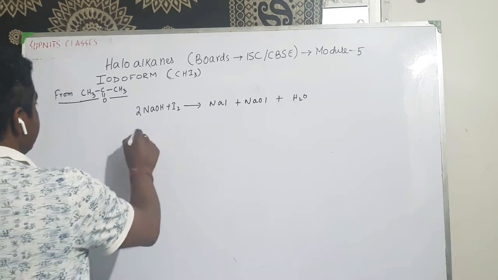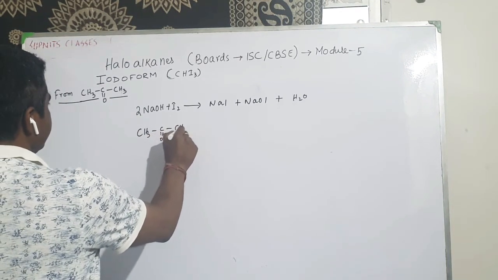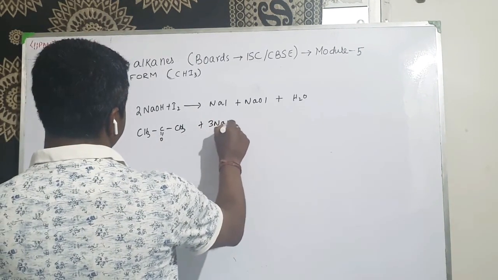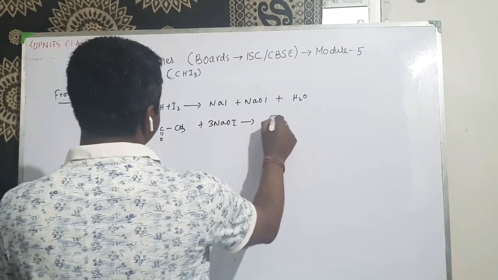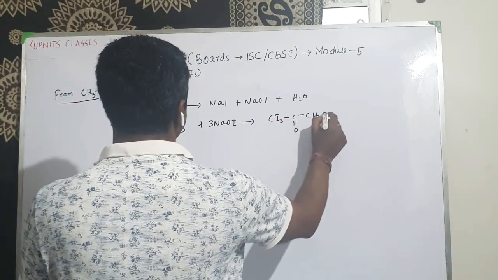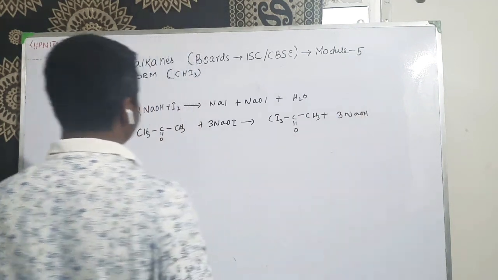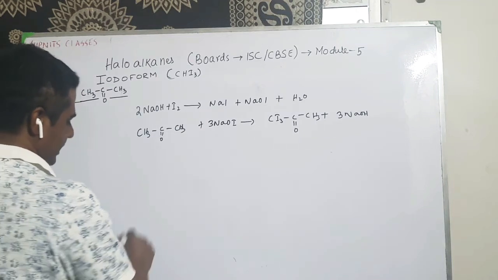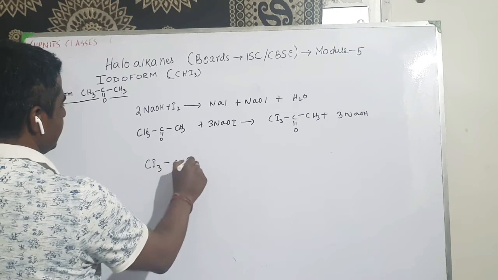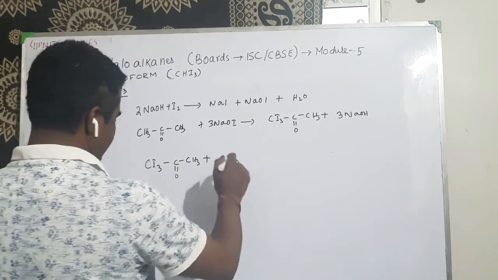Next is CH3 C double bond O CH3. इसके साथ आपका रिएक्शन होगा 3NaOI का, and this will be CI3 C double bond O CH3 plus 3NaOH. ठीक है, okay. Next is CI3, same reaction, nothing changes, CH3 plus 3NaOH.